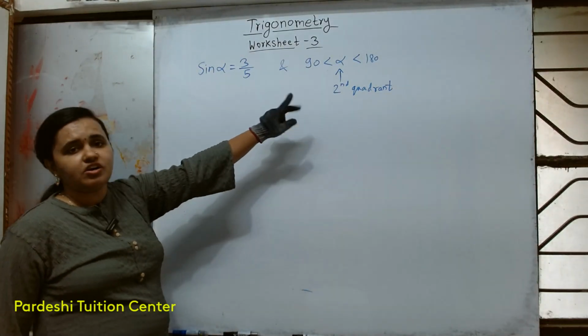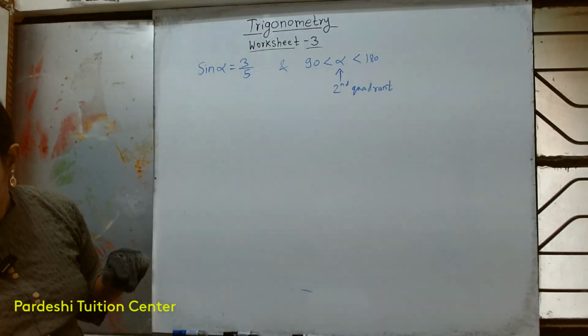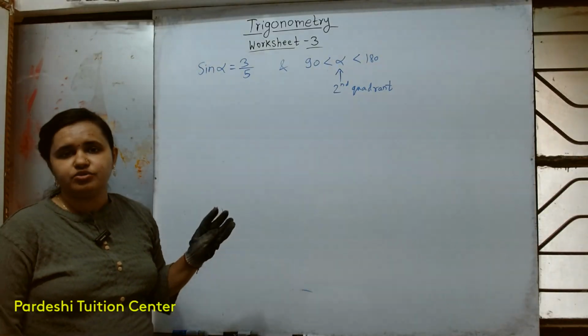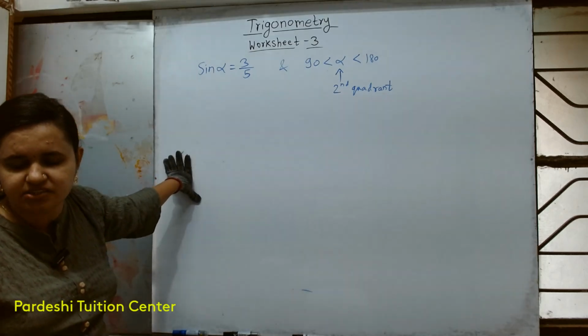So we have to solve according to the second quadrant. We have to calculate cos alpha for this question, for solving all the matrix match types.